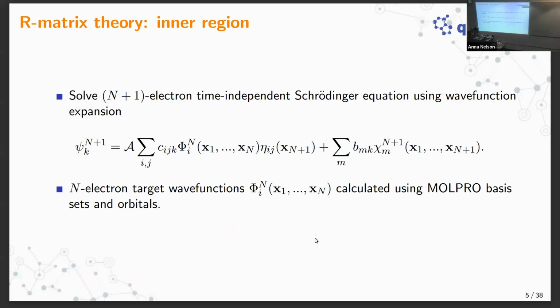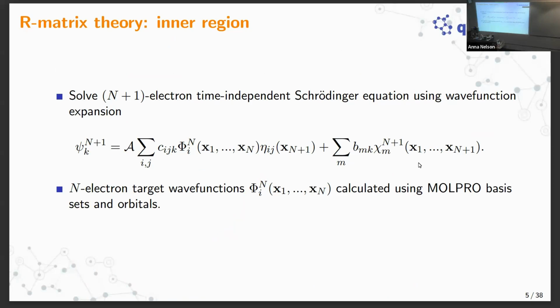So just to go into a bit of the theory, for the inner region, you're solving an N+1 electron time-independent Schrödinger equation. So a general N-electron target plus an incident electron. With this form of wave function expansion, the main things to take from this are the functions phi labeled phi_i^N. These are the states of the target. They are functions of N position vectors for the N electrons of the target. We then have the function for the extra electron.